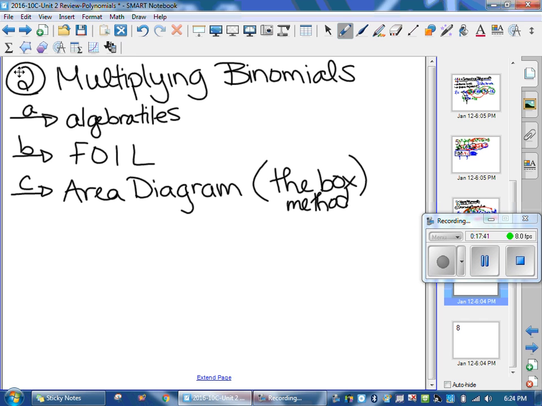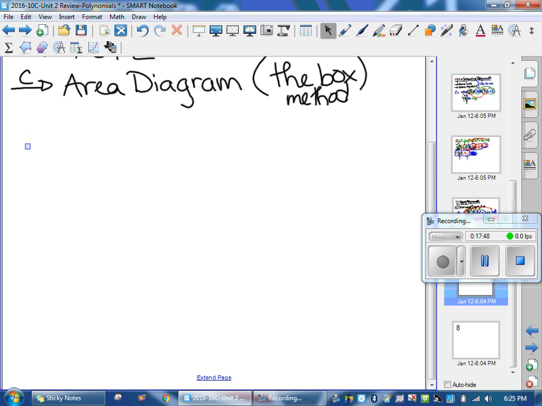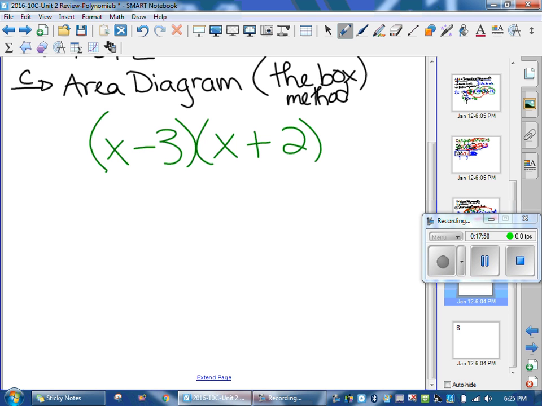Okay, algebra tiles. Here's my example. I'm going to have x minus 3 multiplying by x plus 2. We're going to say that shaded is negative and that white is positive. So what I do is I create a little bit of a T-chart.